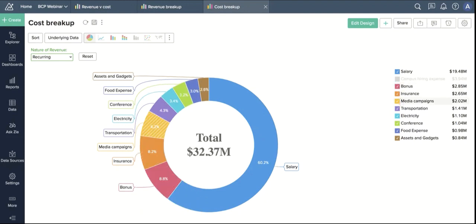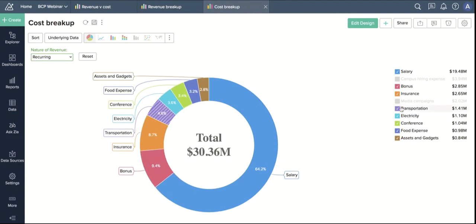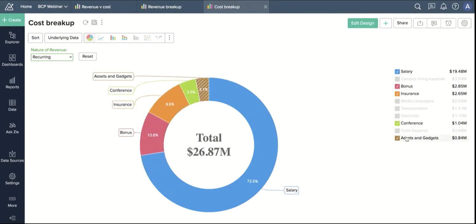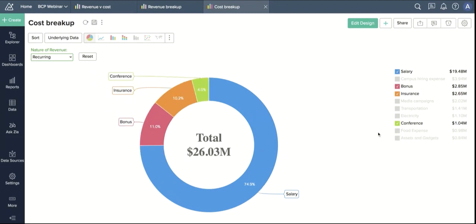Because of the work from home environment, your transportation costs would have come down, the electricity costs would have come down, the food expenses would have come down, and also the assets and gadgets costs would have come down. Now, as you can see, there is a notable difference in what it was and what it is now. It has dropped to 26.03 million. So this analysis helps you to understand the business impact of each of these cost heads.